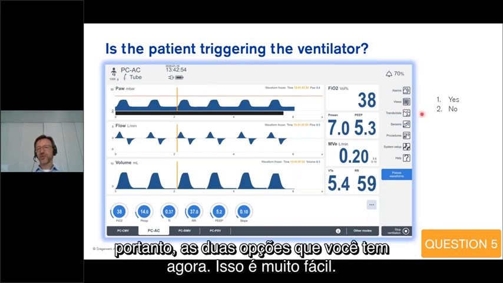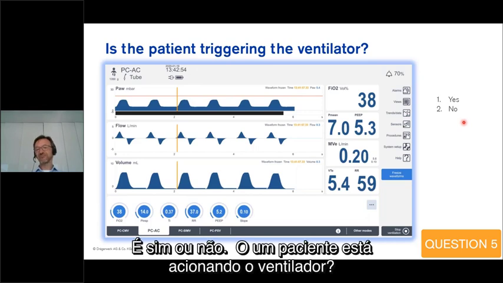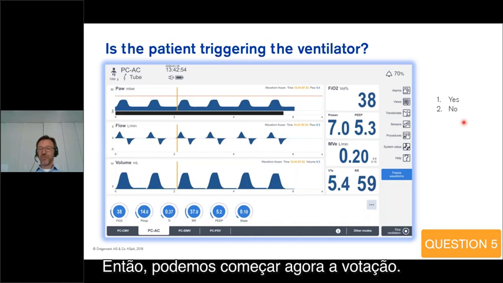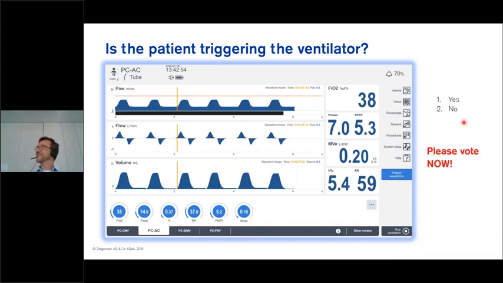So the choices this time are very easy. It's yes or no. Is the patient triggering the ventilator? Number one is yes, number two is no. So we can start the voting now.